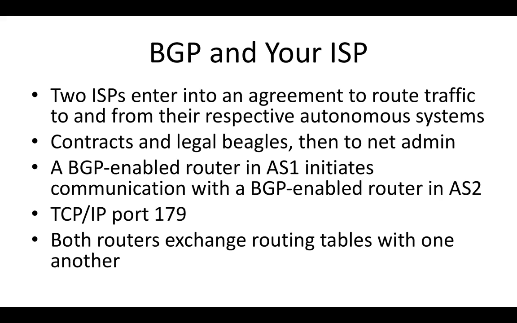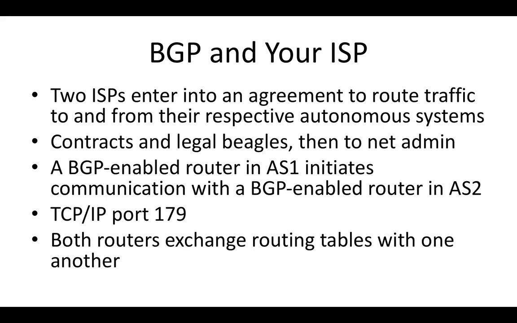So the network administration teams coordinate with each other, and they both stand up BGP. And part of BGP is that we have our own autonomous systems. We also have what's called an autonomous system number. That'll be a unique number tied to our autonomous system, and they're going to be unique across the entire internet. So what we end up doing is we figure out who each other's autonomous system numbers are.